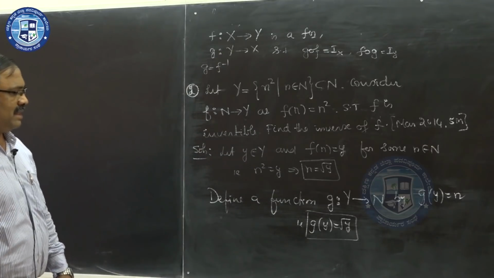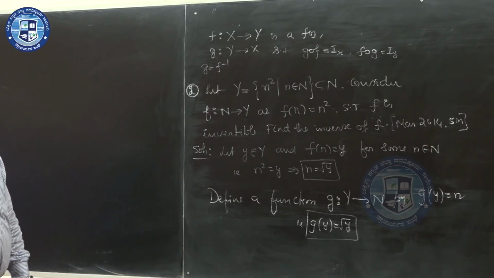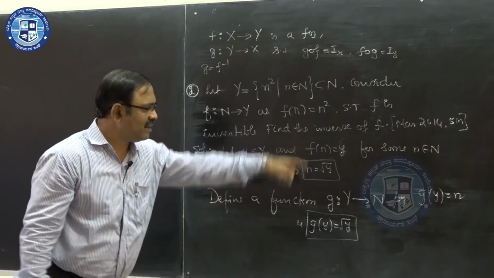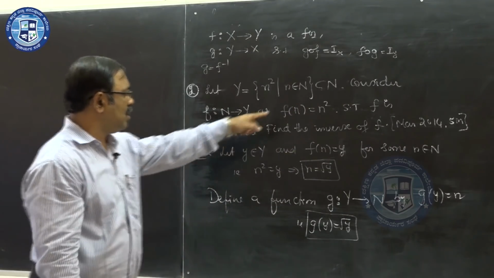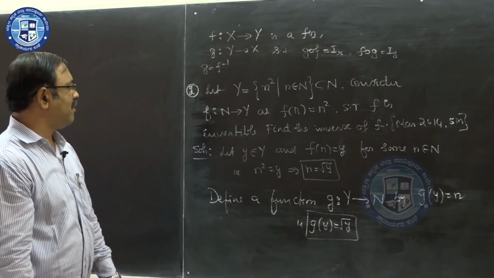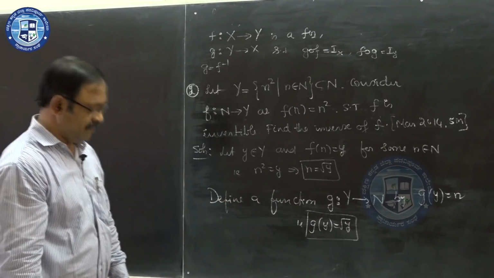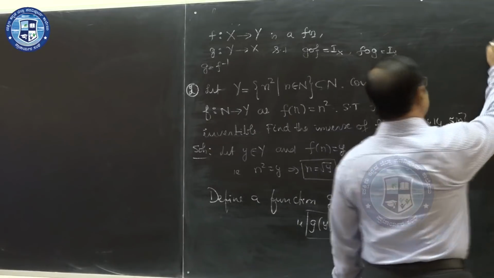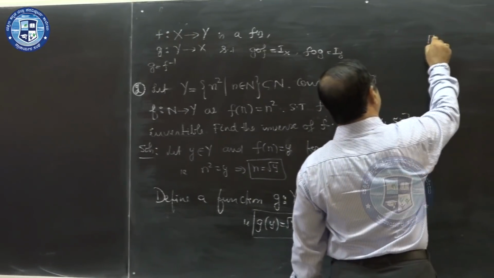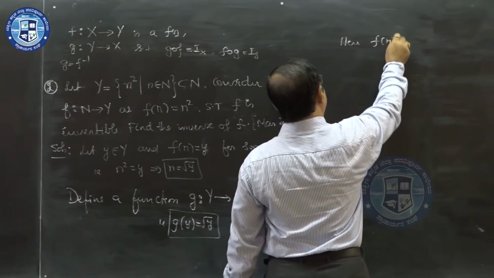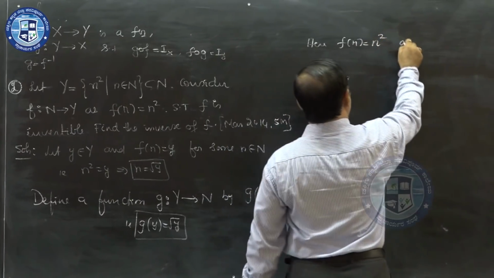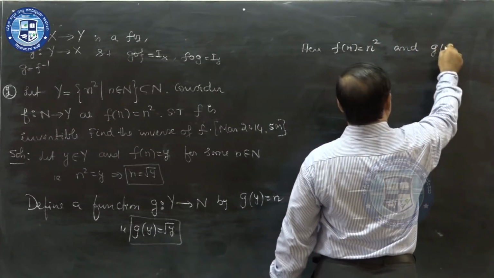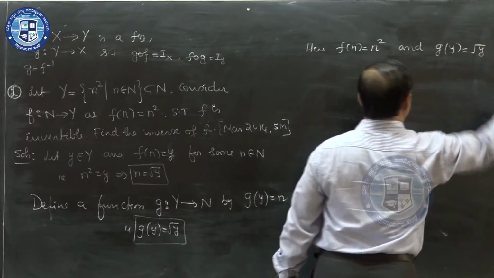Already f of n is equal to n squared, and g of y is root y.